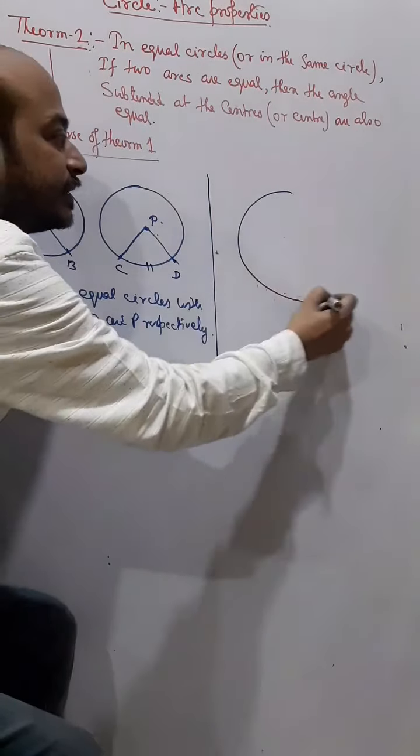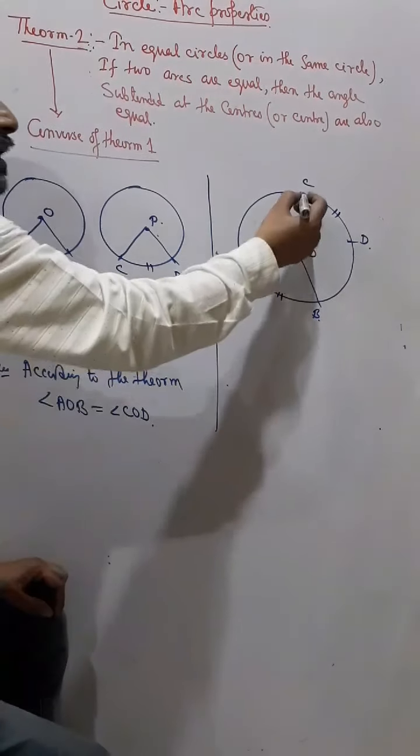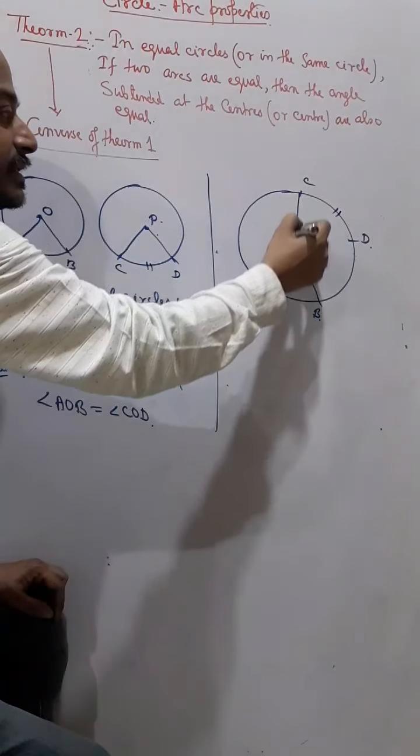Now it can happen in one circle also, the same circle. So if in the same circle there are two arcs, say this is arc AB and this is arc CD. Now if this arc is equal to this arc, then the angle subtended by AB is this, and the angle subtended by CD is this.